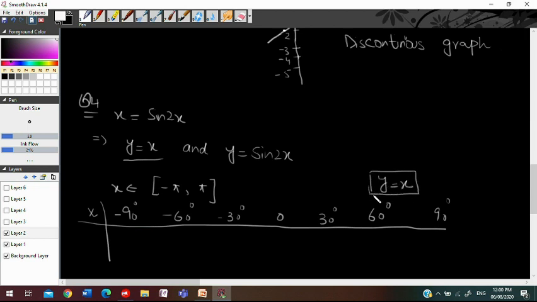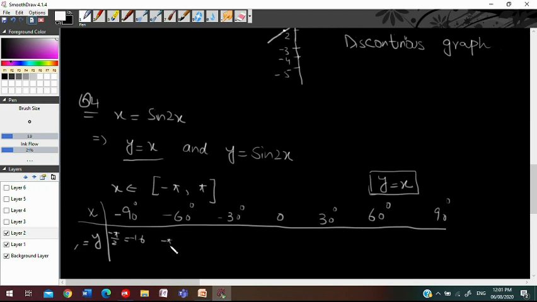When x is equal to this, y is equal to this x. Minus pi by 2 means minus 1.6.